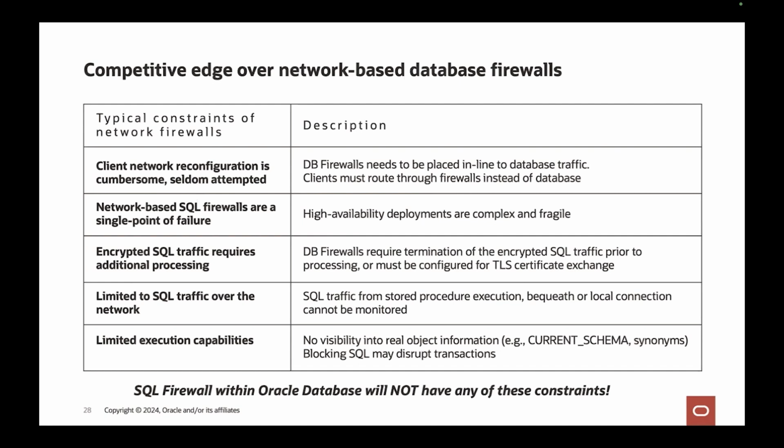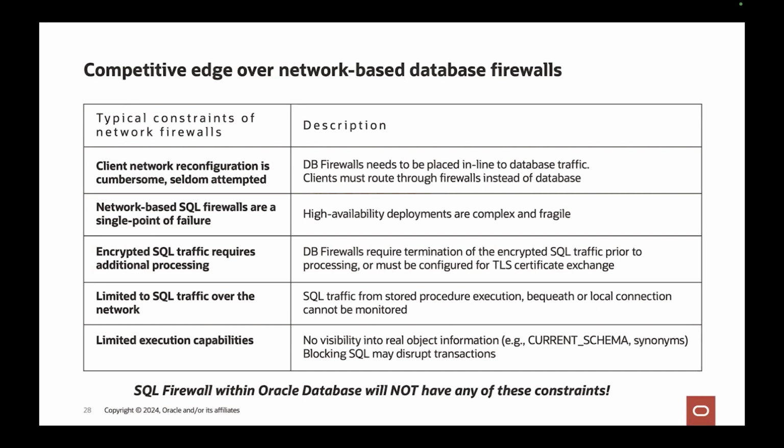Now, if you have encrypted SQL traffic, either you have to terminate it in the database firewall, or you need to configure the TLS exchange between the database firewall and database. And of course, the database firewall over the network has the limitation that it can see the SQL traffic that's coming over the network, but it doesn't have visibility into what runs within the database, your stored procedure execution or your local direct access connection.